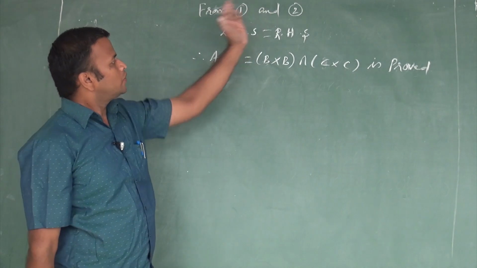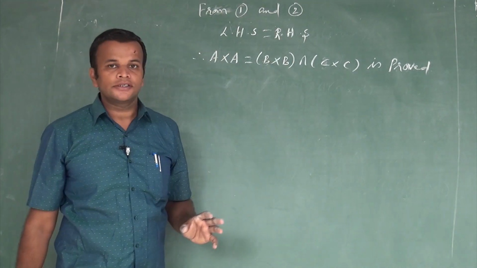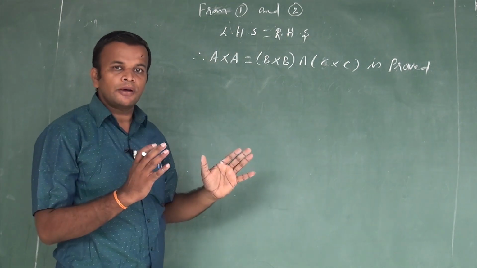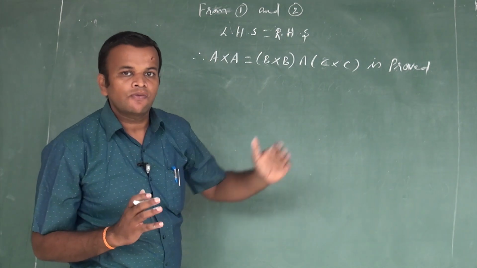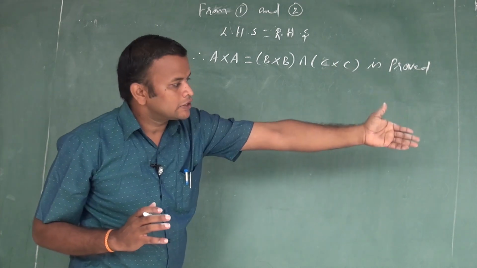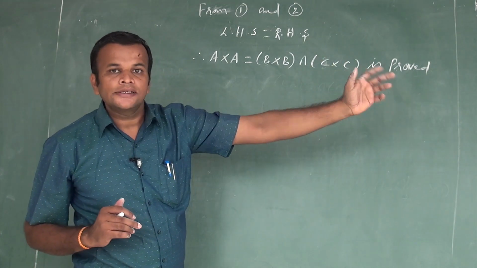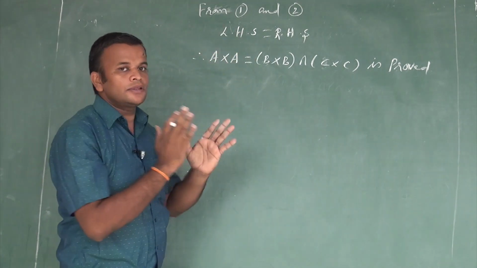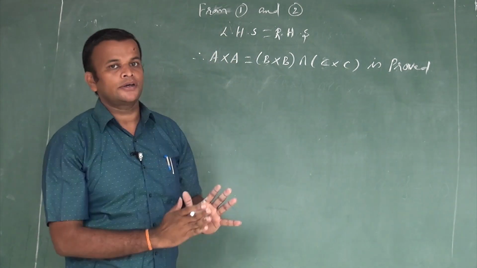From 1 and 2, LHS is equal to RHS. LHS and RHS both involve the same ordered pairs, that is 5, 5, 5, 6, 6, 5 and 6, 6. So we come to the conclusion that LHS and RHS both have the equal number of the same ordered pairs.